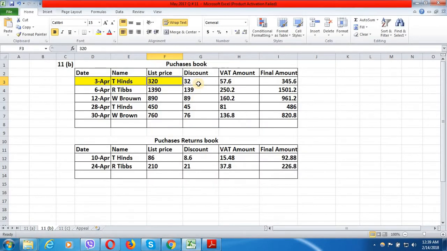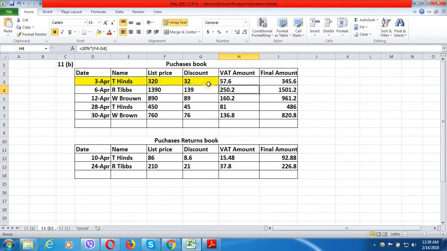So how much will be the discount value? See, I have linked it: 10% into F3. F3 is 320, so it will be 32. Then the VAT amount. Please have a look, I have linked how the VAT amount has arrived: 20% into F3 minus G3. F3 means 320 minus G3 means 32. After deducting 32 from 320, the VAT percentage will be applied.